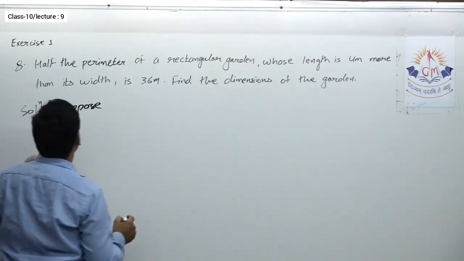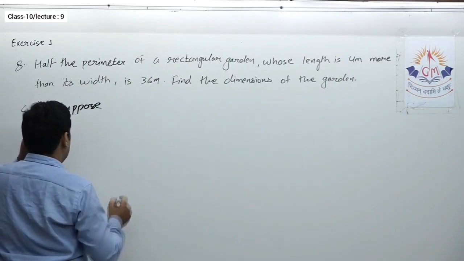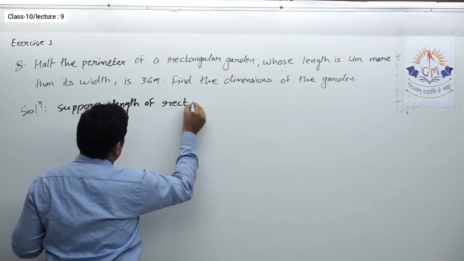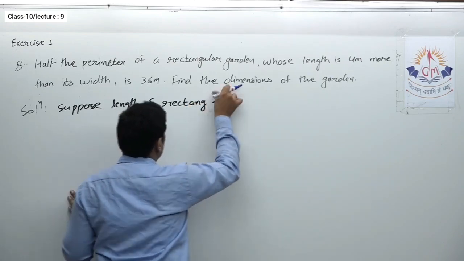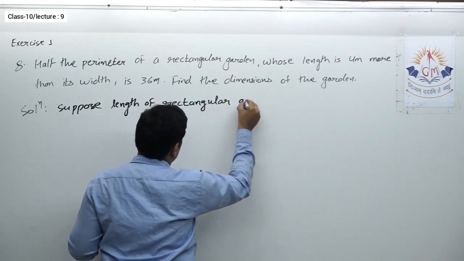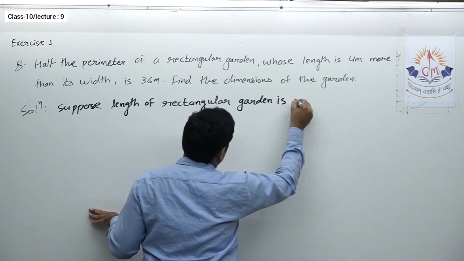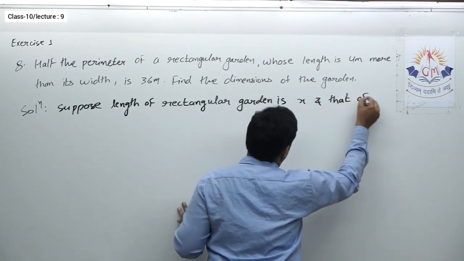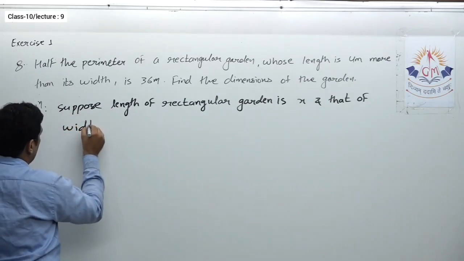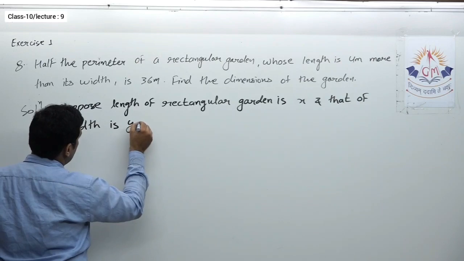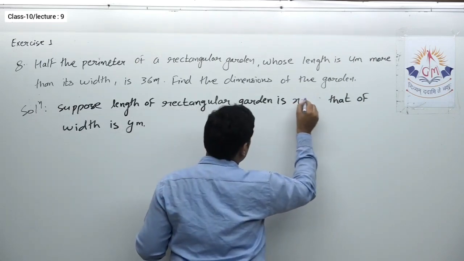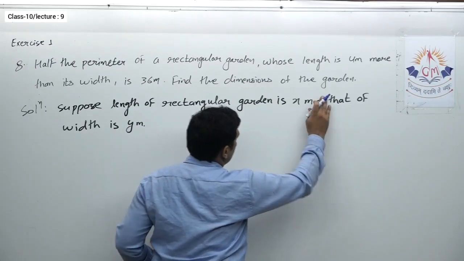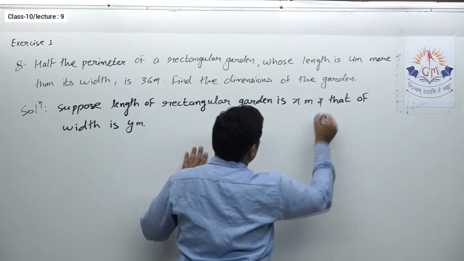It is given length is 4 more than its width. Suppose the length of the rectangular garden is x meters and that of the width is y meters.